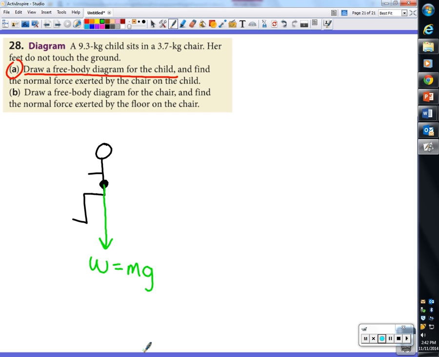All right, so plug that into your calculator real quick and find out what the force of gravity or the weight of this child is. 91.2 newtons.